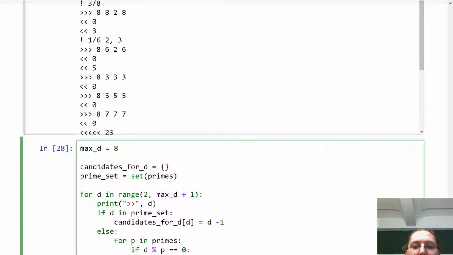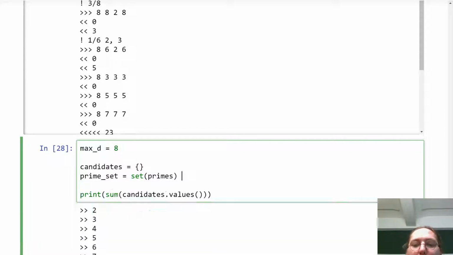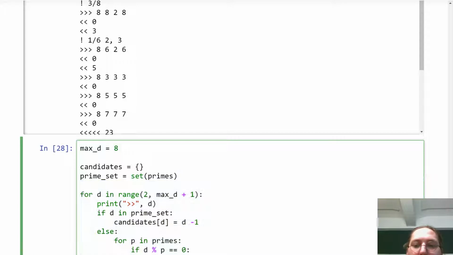Candidates for D, just candidates. I think we didn't reach the candidate of F to do that. D is the candidate of F times, not minus 1. Oops. Not minus 1, but times P minus 1.